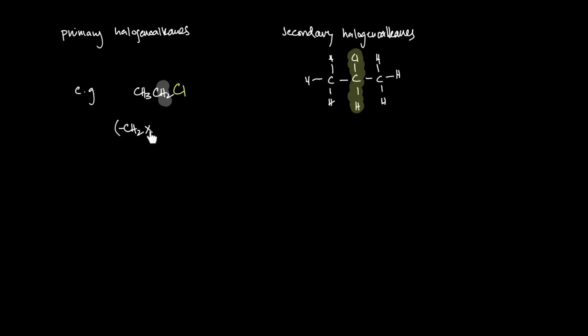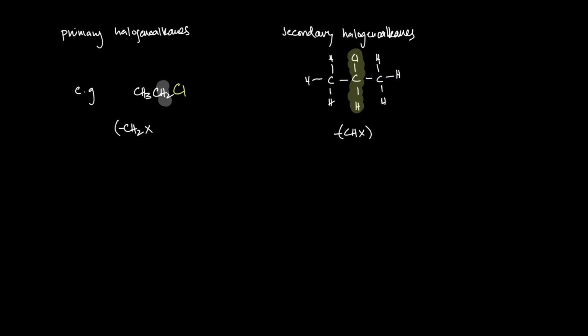So the halogen atom is bonded to a carbon that's bonded to two hydrogens and just one carbon atom. In a secondary halogenoalkane, the carbon atom is bonded to just one hydrogen atom and two carbon atoms. The word primary means bonded to one carbon atom. The word secondary means that the carbon with the halogen is bonded to two carbon atoms. So over here you have something like a CHX group, with two carbon atoms bonded to this carbon.